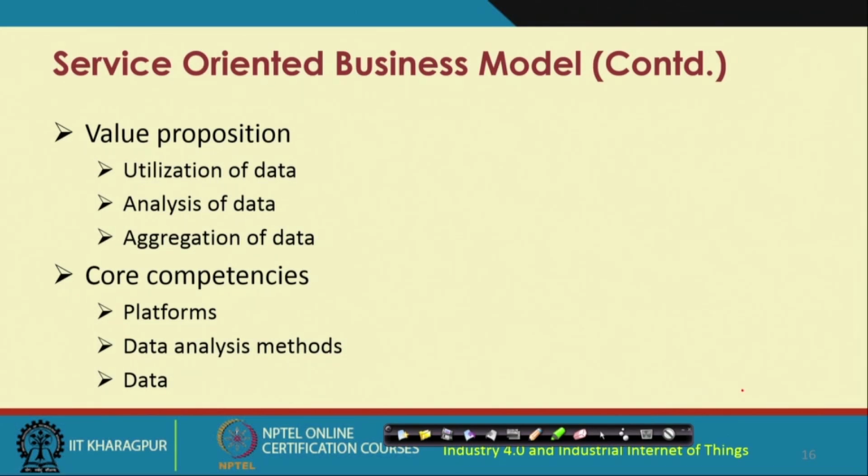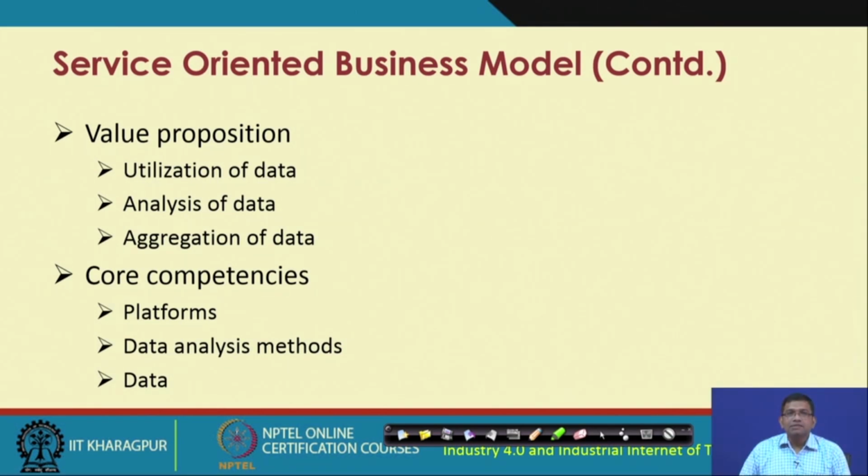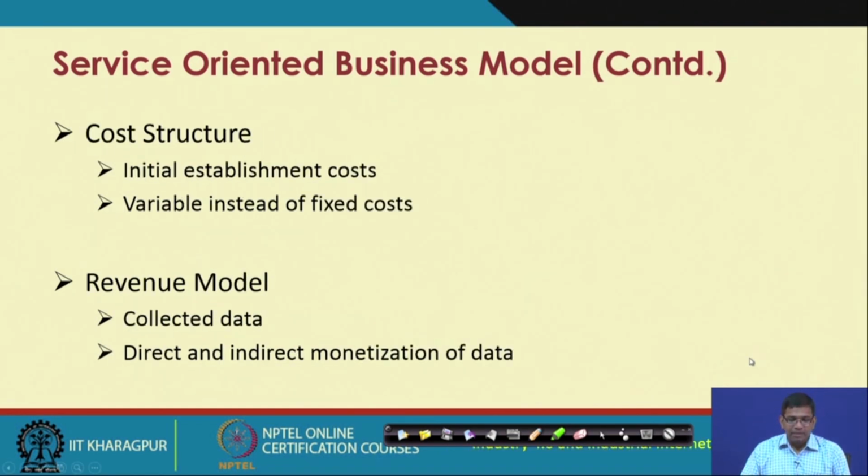In terms of the value proposition, the utilization of the data, the analysis of the data, the aggregation of the data, these are important, and also the core competencies such as the platforms, the data that is generated by itself, the methods that are used to analyze the data that is generated. So, all these are important aspects of core competencies in this kind of business model.